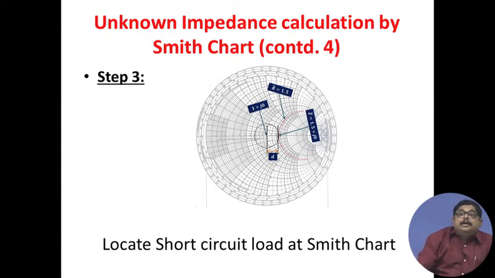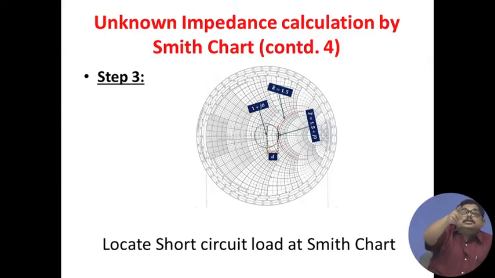Now, step 3, we will have to utilize the other information. What were the 2 pieces of information that I said can help you to detect the unknown impedance? One is VSWR, another is L min, that means the shift in minima when the load is changed from short circuit to any unknown impedance.